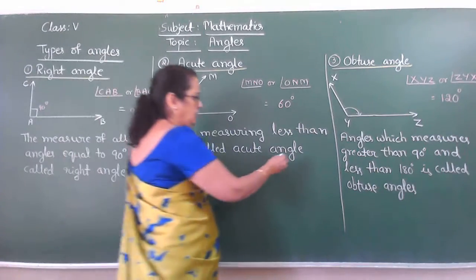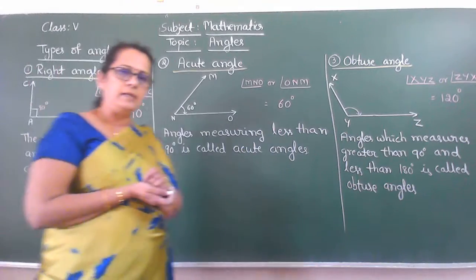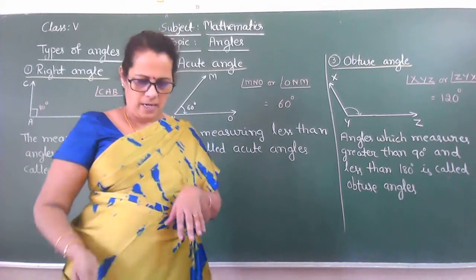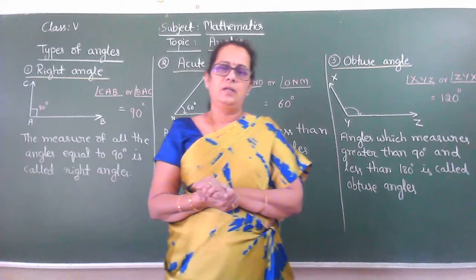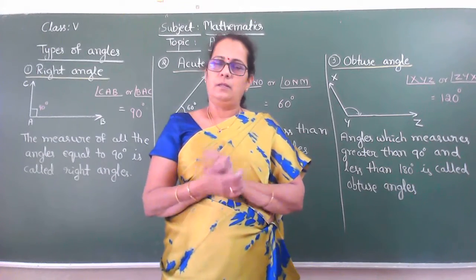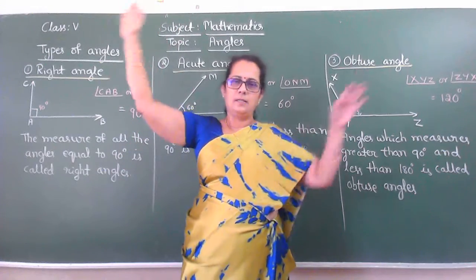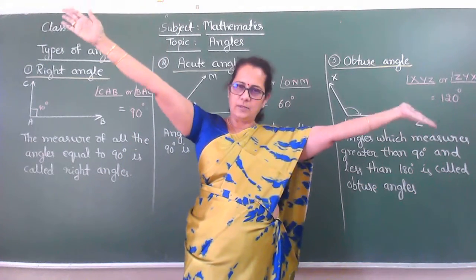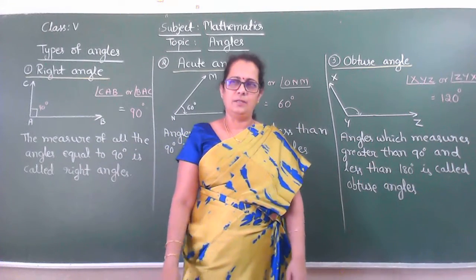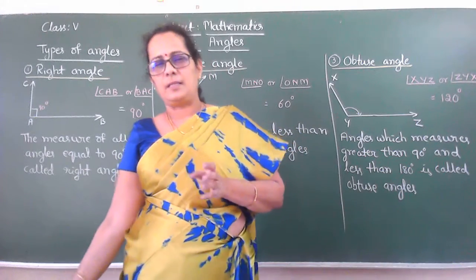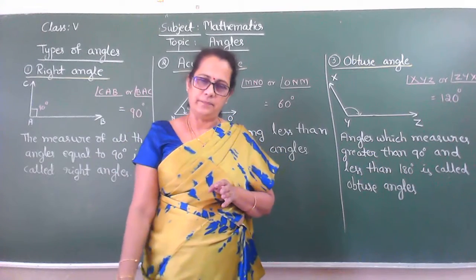Okay, children, I think you understood the concept of right angle, acute angle and obtuse angle. So can you give an example for an obtuse angle? Yes. When you do PT, sometimes your hands will hang like this. How do you do the mass PT? When you are doing exercise, you won't keep your hands properly in a straight manner, isn't it?